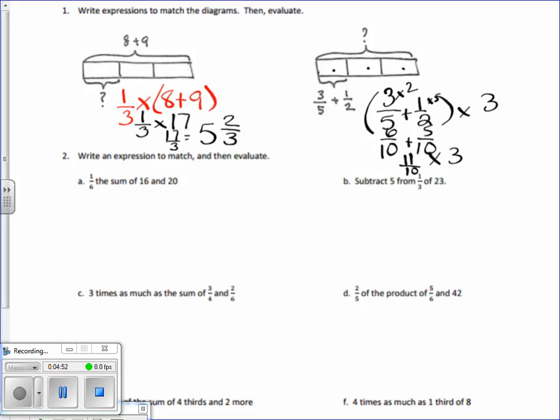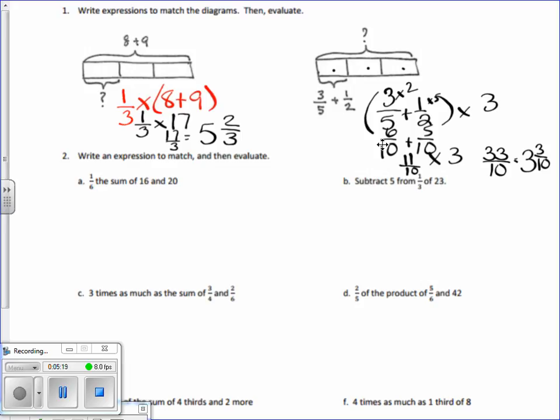Now you can do this one of two ways. I can go ahead and multiply it and get 33 over 10, which is improper, and fix it and get 3 3/10.